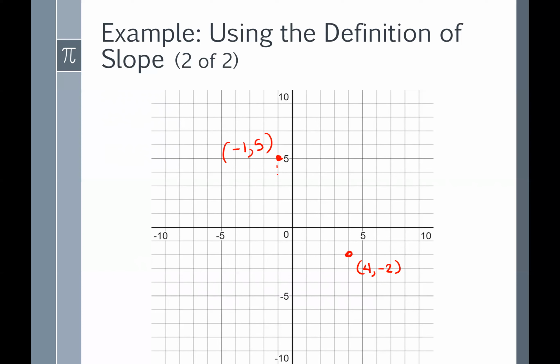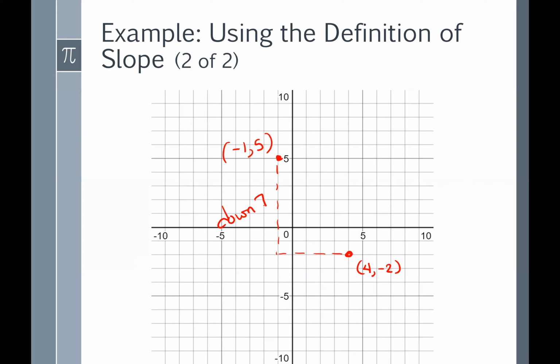And my second point was -1, 5. And I'm going to draw some dotted lines here. We're going to go from one point to the other because these are 2 points on a line. Okay, now that I've got it drawn, if I take -1, 5 to be my first point, to get from -1, 5 to 4, -2, I've got to go down 7.